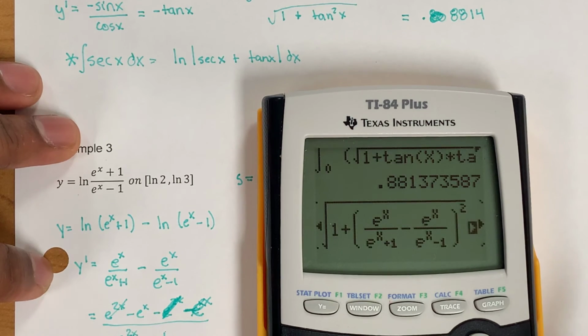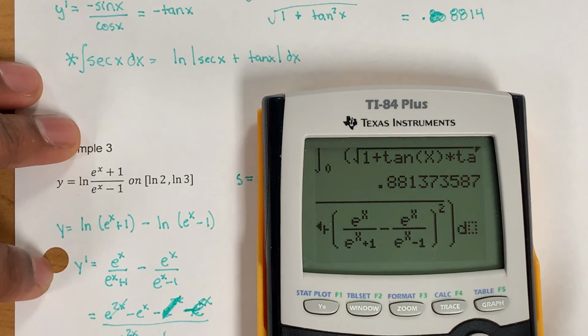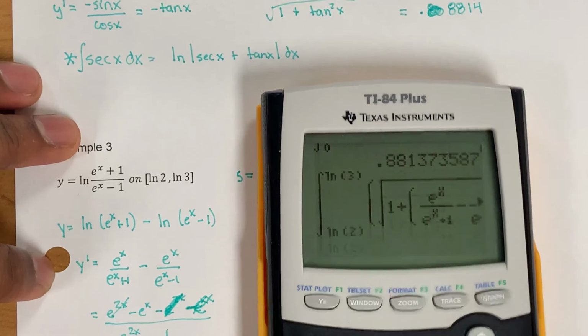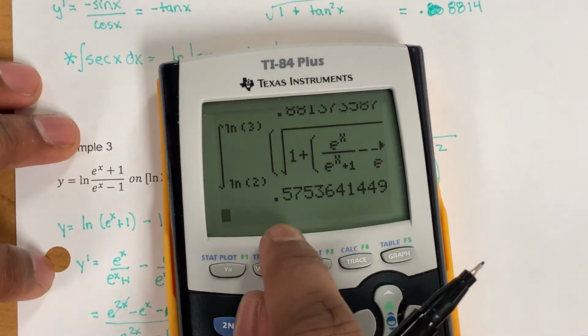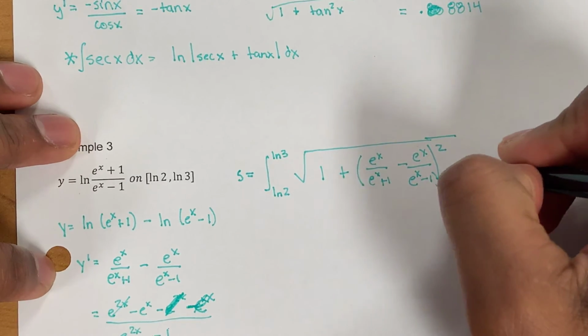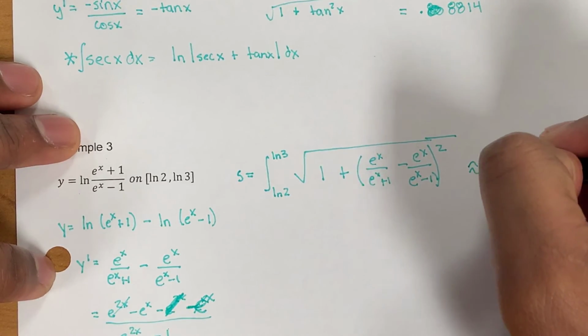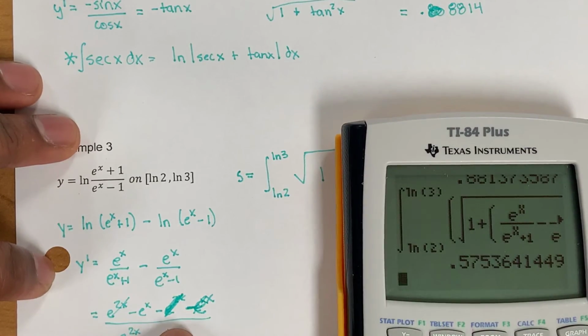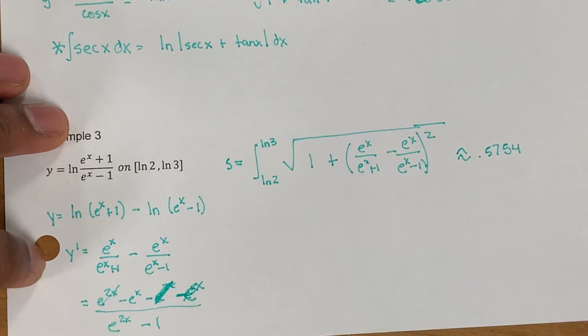So that's a lot, and it's going to take the calculator a bit to do the calculation. So let's see. 0.5754. So this arc length equals 0.5754. We could check that with the simplified version, but we are not.